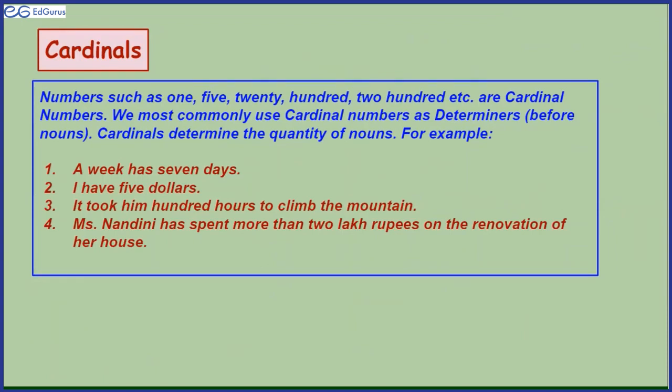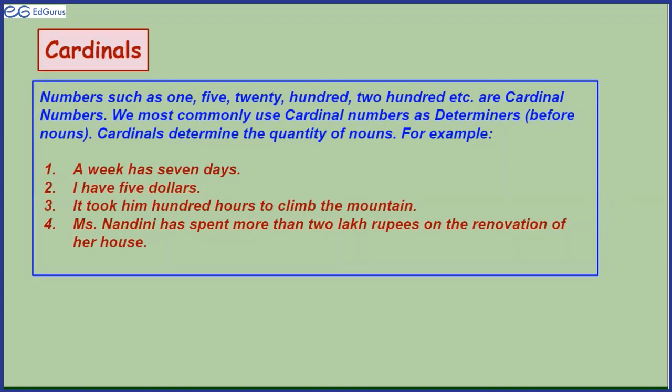But cardinals are the numbers which are used as determiners. These determine the quantity of nouns. How? 1, 5, 20, 100, 200. These are cardinal numbers.